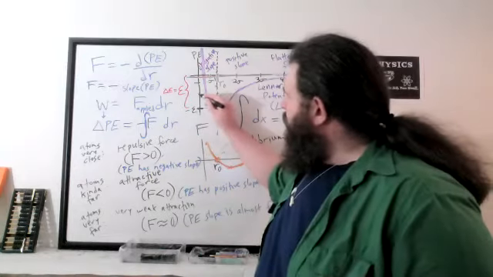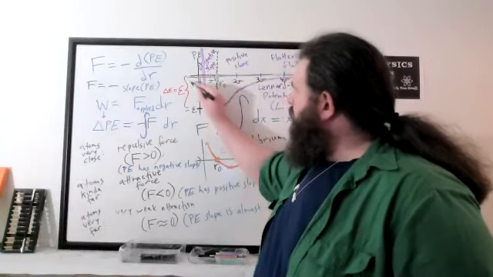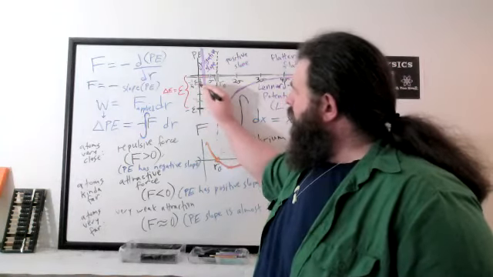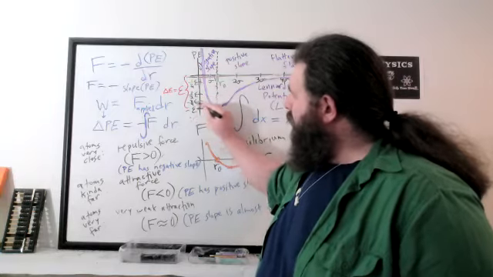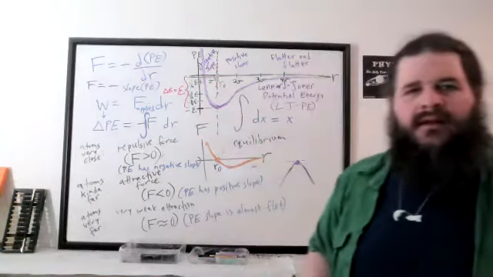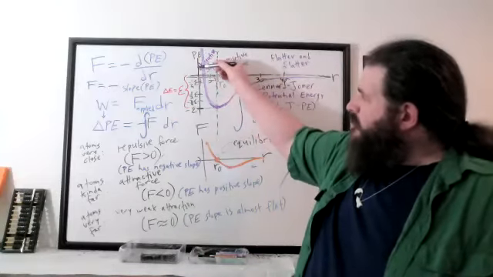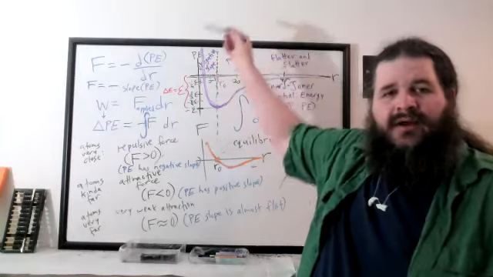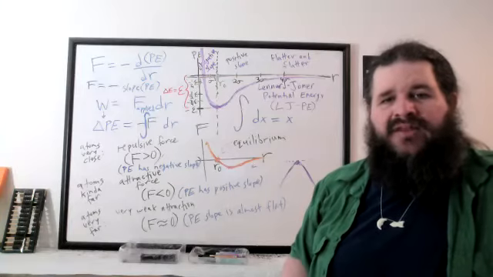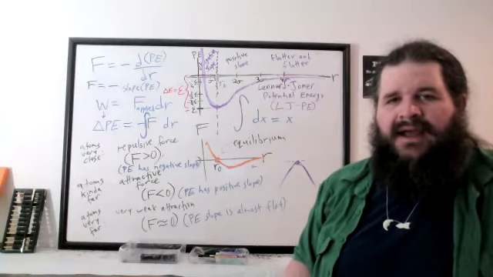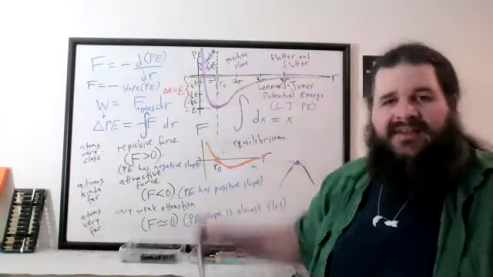Like, for instance, we'd probably mark this off as something like negative 1/4 epsilon, negative 1/2 epsilon, negative 3/4 epsilon, negative 1 epsilon. And then above the axis, we'd have positive 1/4 epsilon, positive 1/2 epsilon, and so on. So the energy axis is going to be marked off in epsilon as if that were a unit of measurement, because in a way, it is a unit of measurement. It's the unit we're using to measure energy at this atomic level.